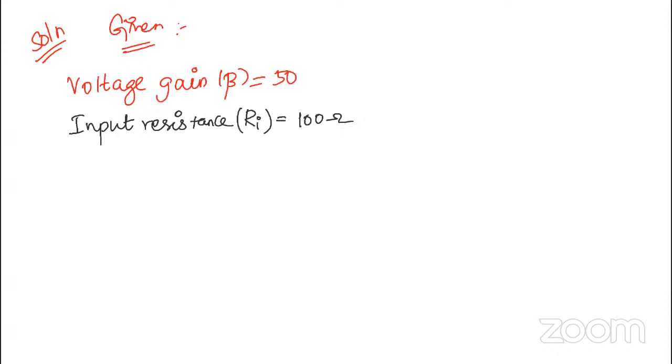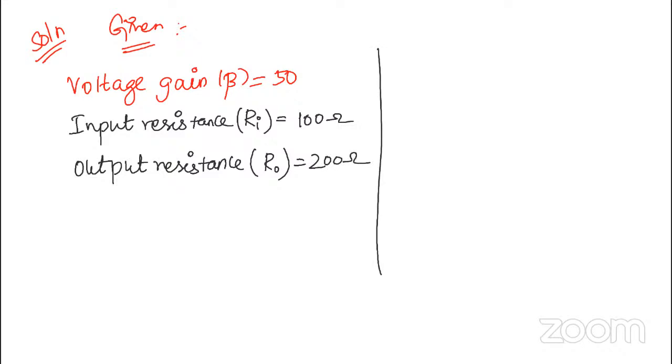Then output resistance, it is R naught is equal to 200 ohms. Okay. So now all these are given. Next, write the formula for power gain, which is equal to beta square into R naught divided by Ri. So now we can substitute this.